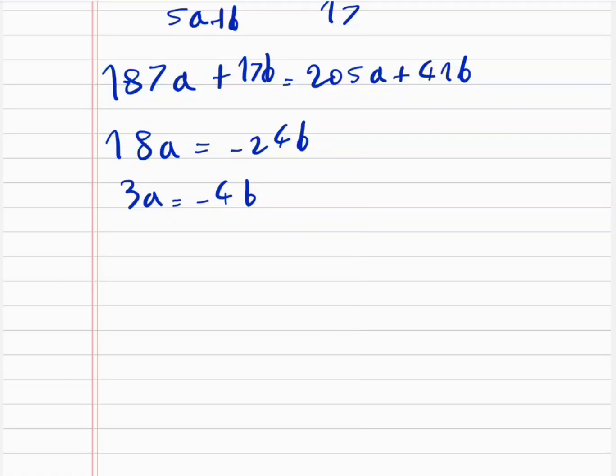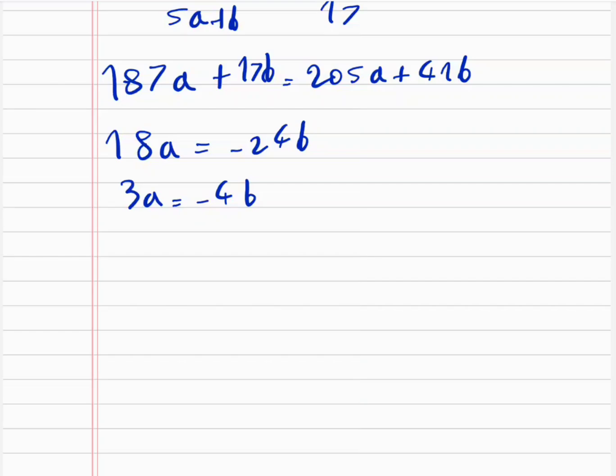Imagine if b is minus 2, then we are doing minus 4 times minus 2, which is 8, and this is the value of 3a in this case. This wasn't the best example because the numbers don't work, but the point is that whatever the value of b is, it's being multiplied by 4, and therefore the value of a is a multiple of 4 between 0 and 10.